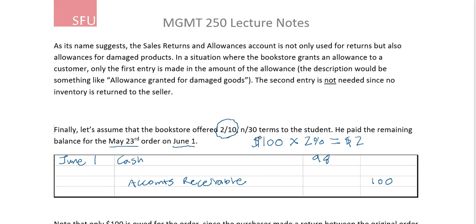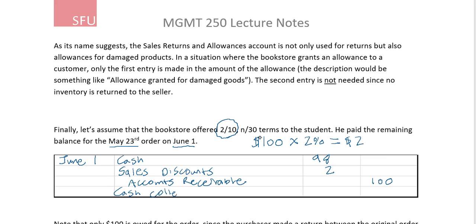You notice I've left the line up here. This will be a debit of $2 to sales discounts. So that's where the $2 goes. And I'm going to write a brief description to wrap up our journal entry.